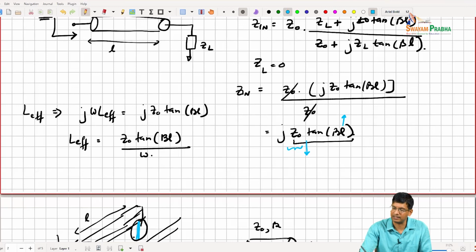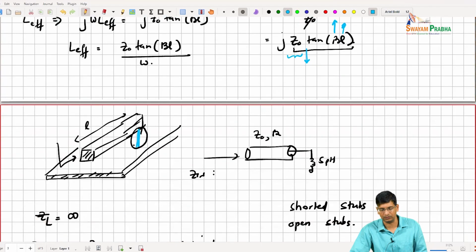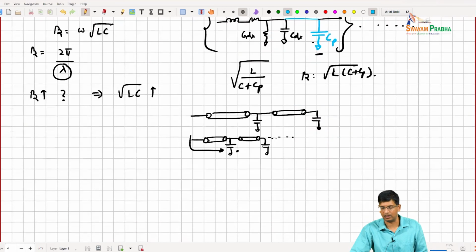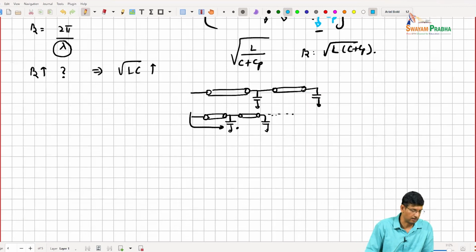So what is happening is that Z naught is dropping, beta is increasing. So you have to compensate overall by picking a different length, right? But these are variables that I can control in order to optimize how big a transmission line I'm using. So these structures are also quite popular in integrated millimeter wave implementations.